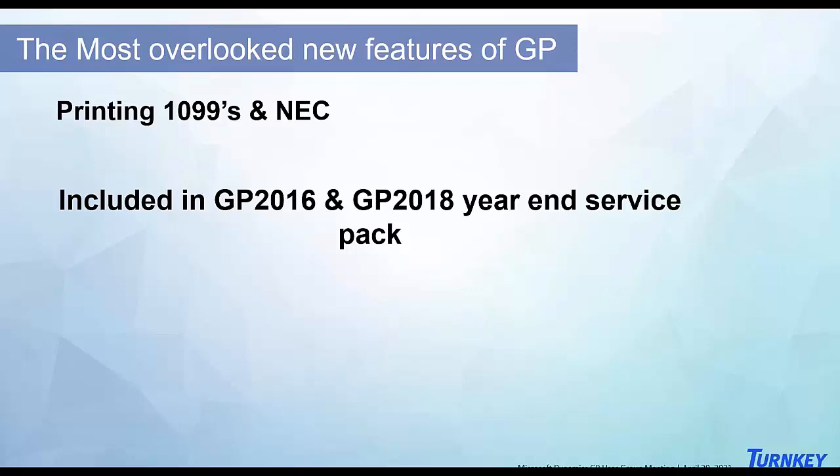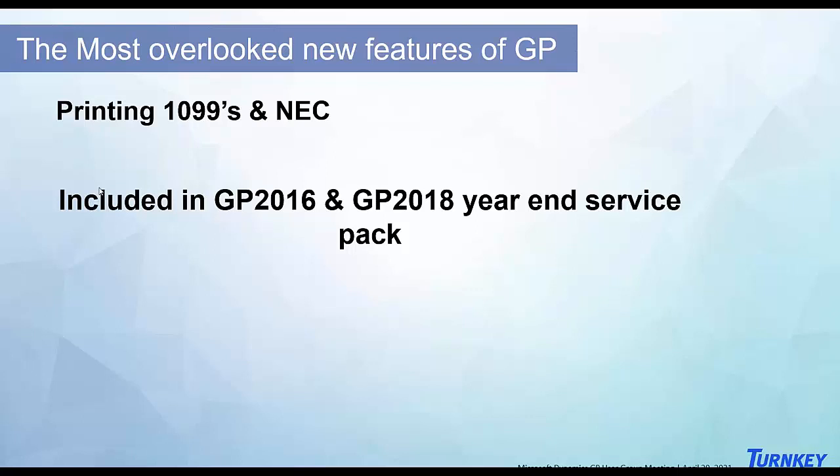All right, so printing 1099s and the non-employee comp. Included in GP 2016 and 2018 in the year-end service pack were the changes to the printing of the new forms. I know there was a scramble with some folks at year-end.